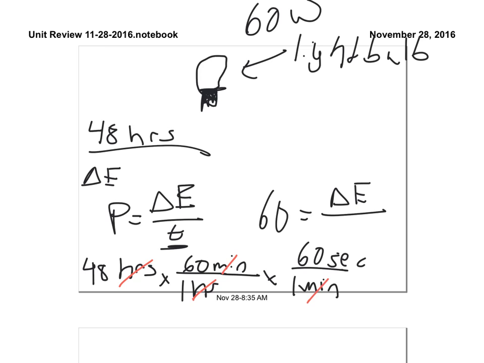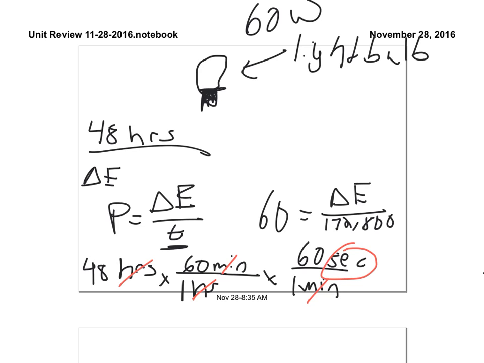The minutes cancel with the minutes. And I'm left with just a unit of seconds. Let me see how many seconds 48 hours would have been. 48 times 60 times 60. So I got 172,800.